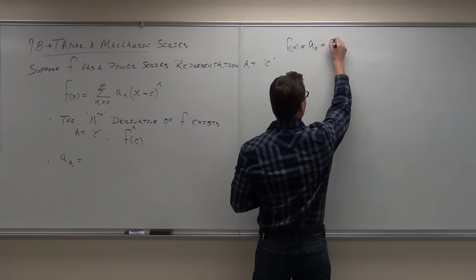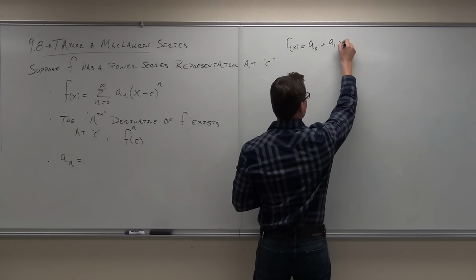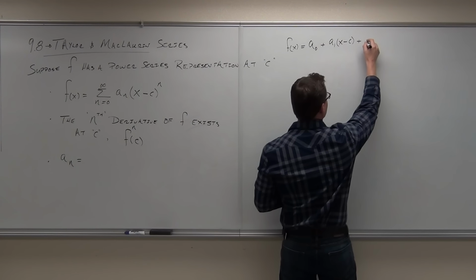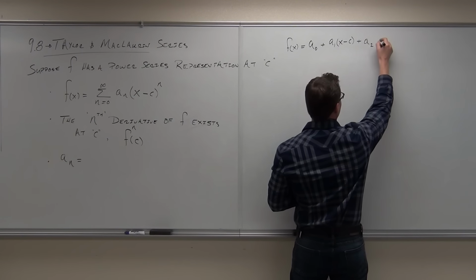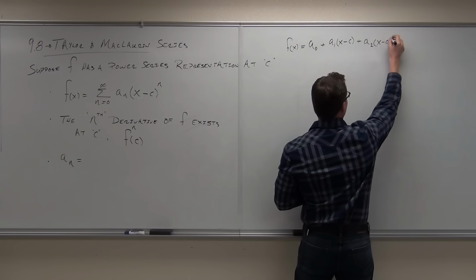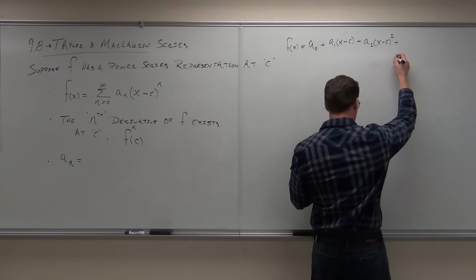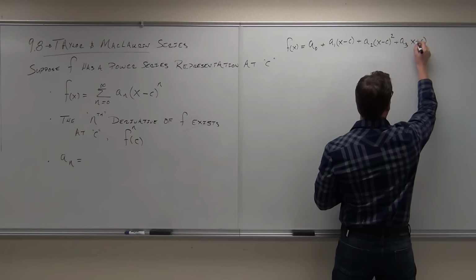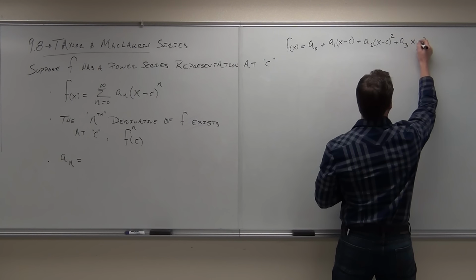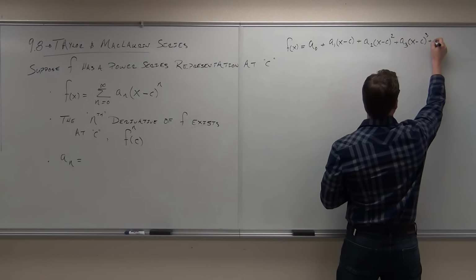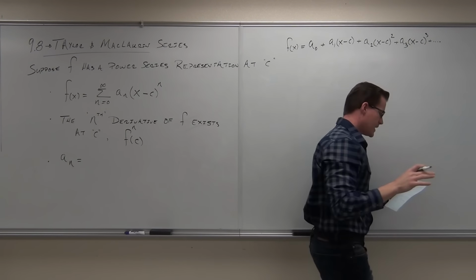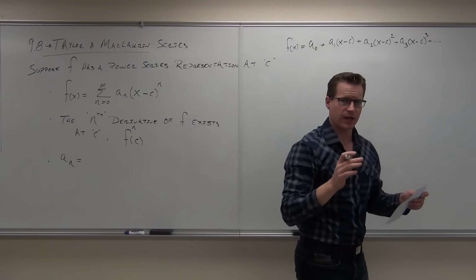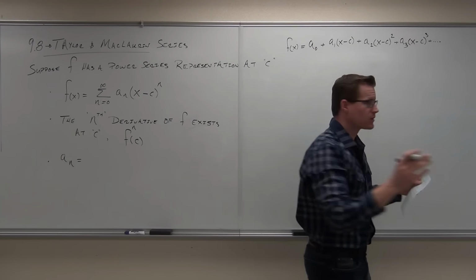A sub 1, x minus c, plus a sub 2, x minus c squared, plus a sub 3, x minus c cubed, plus blah, blah, blah, all the way down until we get to a sub n, x minus c to the n.